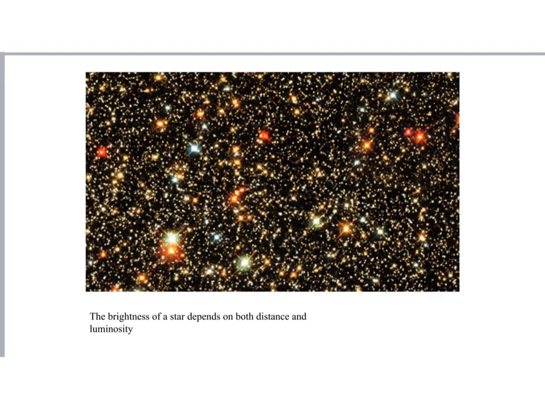Let's get started with that. Here's a beautiful image from the Hubble Space Telescope of a cluster of stars. That's not what's important here, but it's just a large bunch of stars.